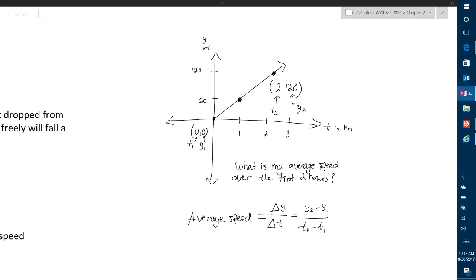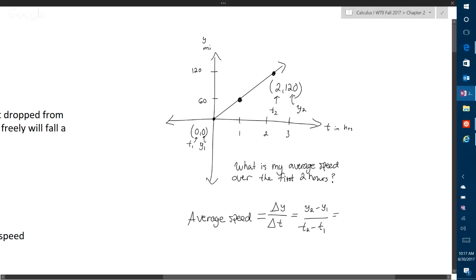Now, the average speed is just the change in the distance divided by the change in the time. The change in the distance: y2 is 120 miles. What's y1? 0. T2 minus 0. 120 divided by 2 is 60.